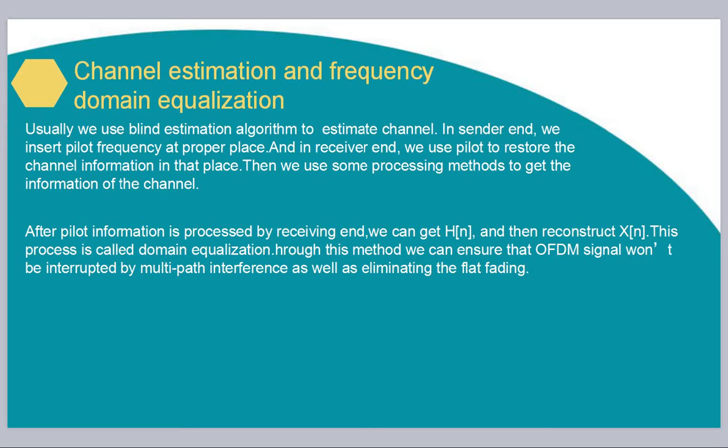After the pilot information is processed by the receiving end, we can get h[n] and then reconstruct x[n]. This process is called frequency domain equalization. Through this method, we can ensure that the OFDM signal won't be interrupted by multipath interference, as well as eliminating fading.